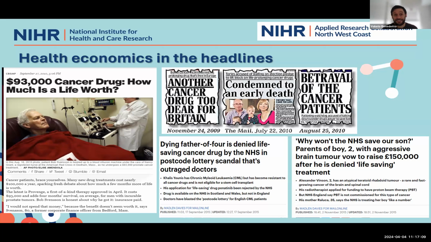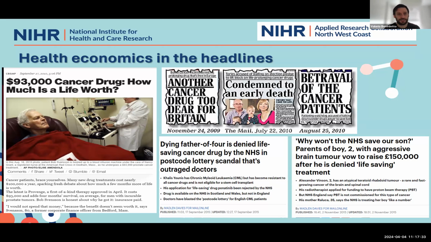Now, typically, this is a slide which is displayed at the beginning, and then as you go through an introduction to health economics course, you understand why health economics is relevant. Of course, these types of decisions are not made on a whim. There is some thinking, some reasoning, which takes into account health economic considerations.